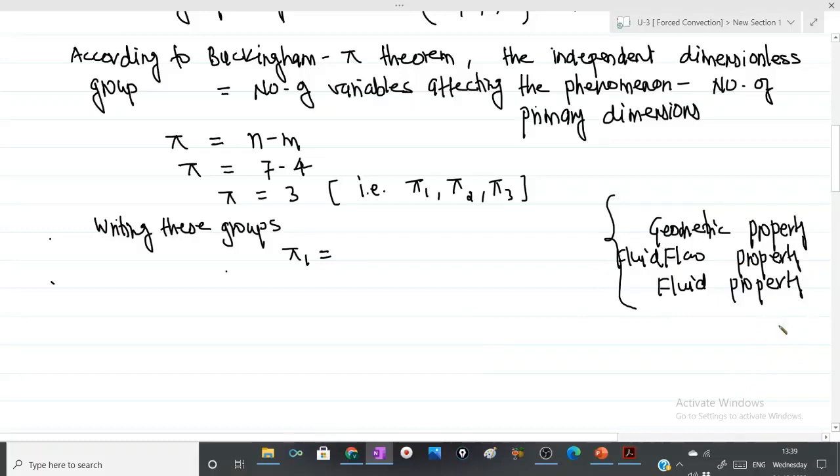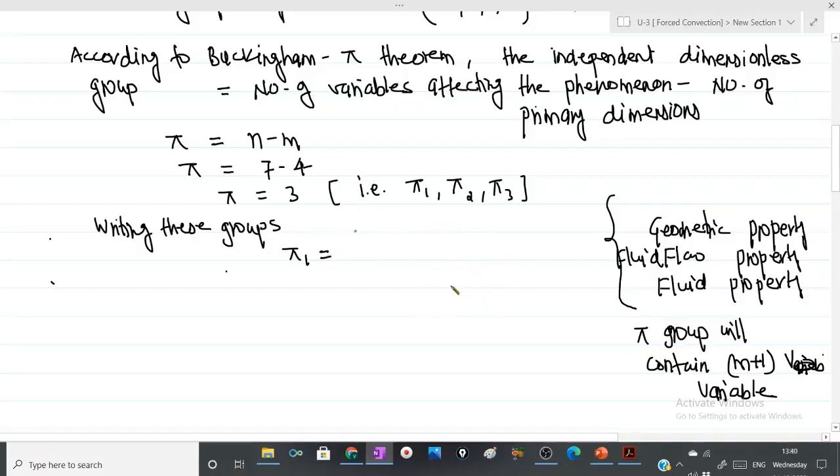Also, these pi terms will contain total m plus 1 variables, where m is number of primary dimensions. So following these two rules, I can say each pi term will contain 5 variables, out of which one will be geometrical property, another will be fluid property, another will be fluid flow property, and one will be selected variable.